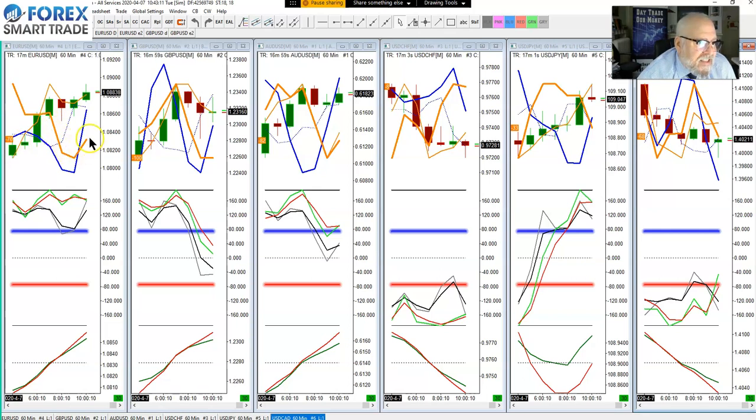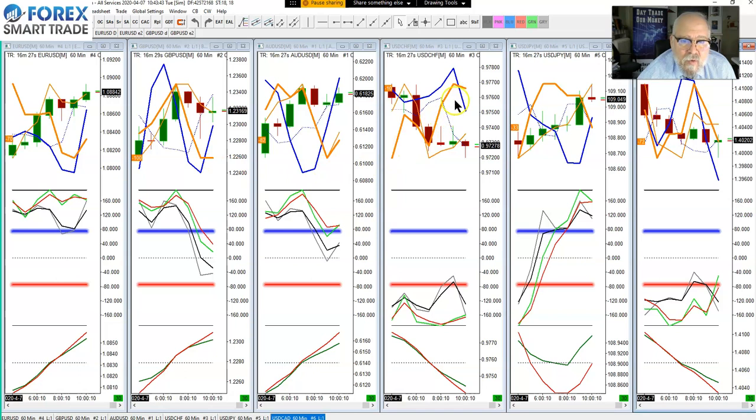This line has a scale to it. The scale goes from minus 100 when the line is as low as it can get to 0 when it's as high as it can get. So when it gets to minus 100, based on how we've scaled this number, and I don't know how he's figured out the calculation to make it, but it is telling us we don't believe there's any more down in the move.